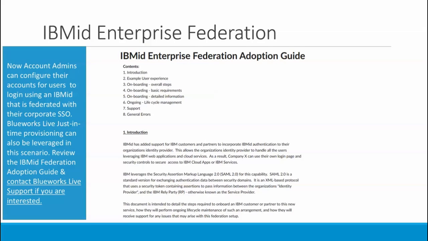Just look at the IBM ID section of the documentation, which you can find by doing a search in the Blueworks Live online documentation. And contact Blueworks Live support. Blueworks Live support will help you get configured to use IBM ID Enterprise Federation.